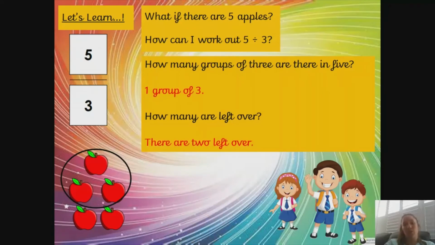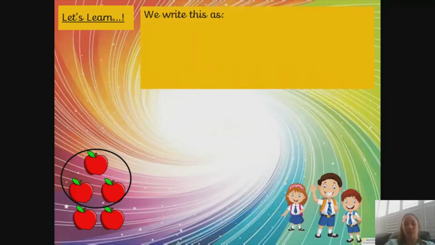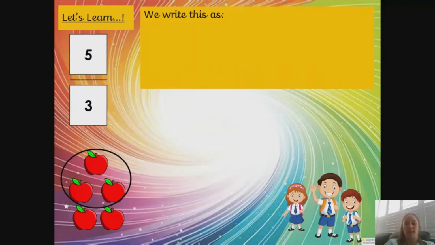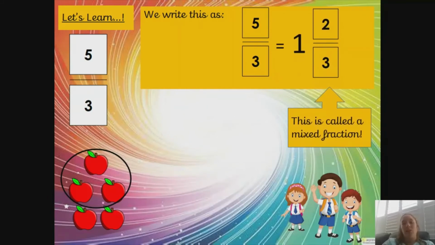So what do we do with the 2 apples that are left? We're going to write it as this. This is our improper fraction, 5 over 3. So 5 divided by 3. And then this is called a mixed fraction. So we have got one group of 3 here, which we have identified with our number 1.